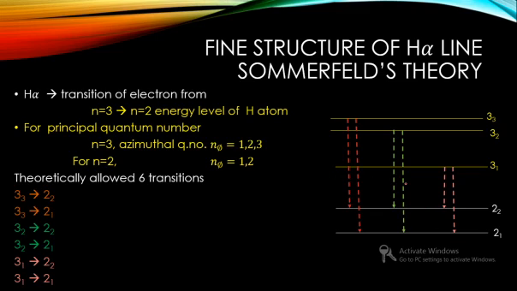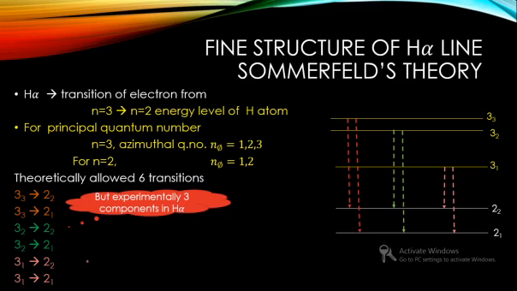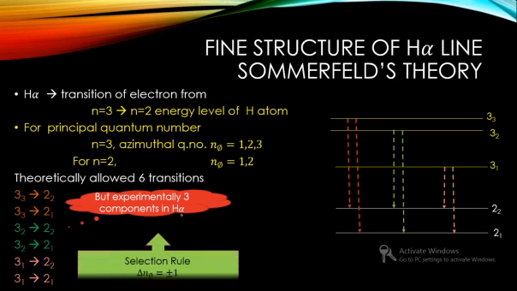These are the 6 possible transitions from the third orbit to the second orbit in H alpha. So we expect that 6 split spectral lines would be obtained for H alpha. But experimentally, only 3 components are observed in the H alpha spectral line.